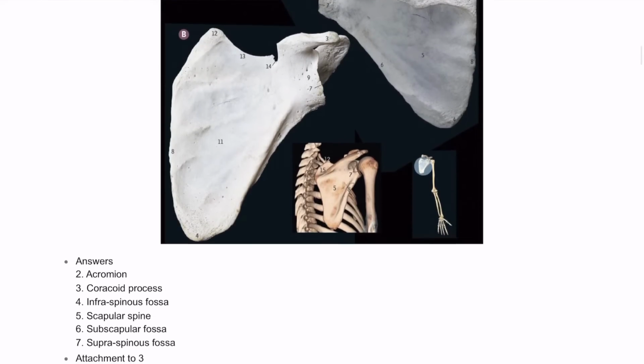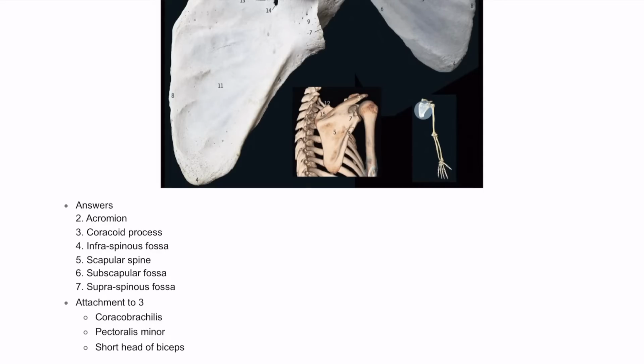So we identified all the structures, and the attachments for 3 are coracobrachialis, pectoralis minor, and the biceps, which are the muscles on the front of the arm.